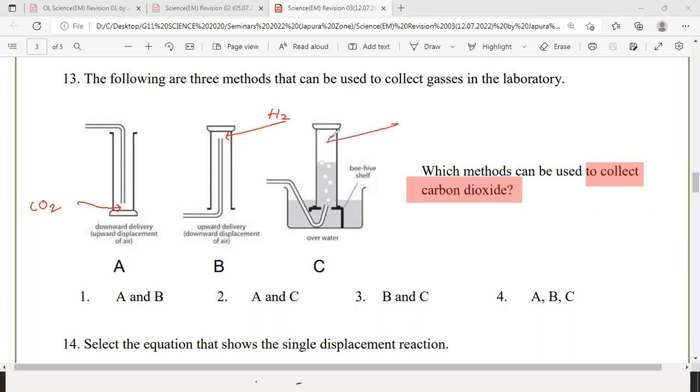Third one, you can collect any gas which is less soluble in water, which is weakly soluble or not soluble or very weakly soluble.